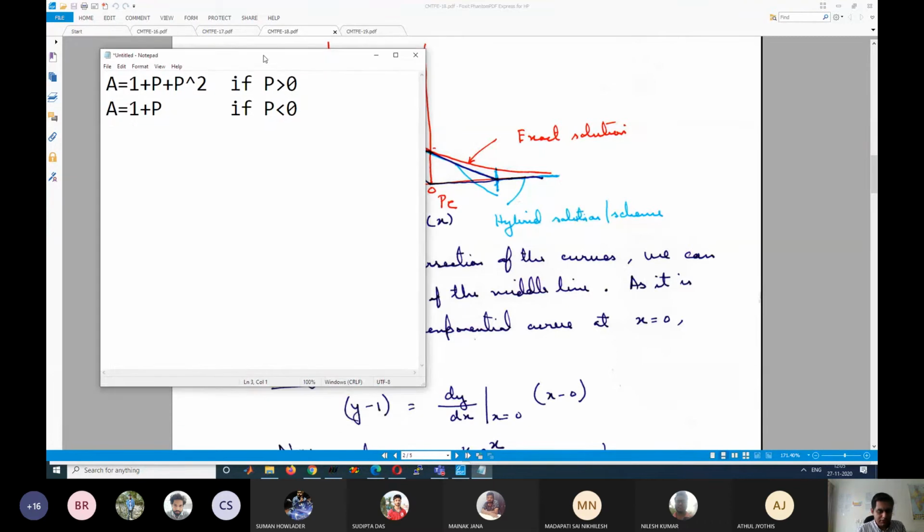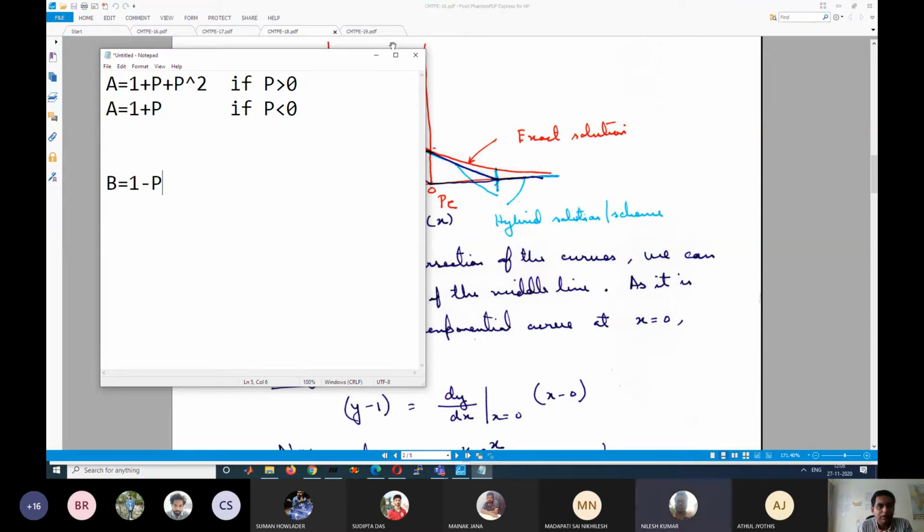This is better. What is the value of B, based on today's discussion? So 1 minus p for p greater than 0? No. What do you have to do to find the values?